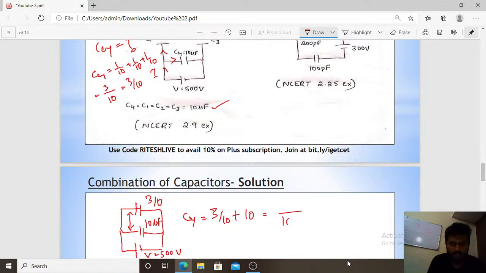I will get value 10, 3 plus 1, that is 4 by 10.